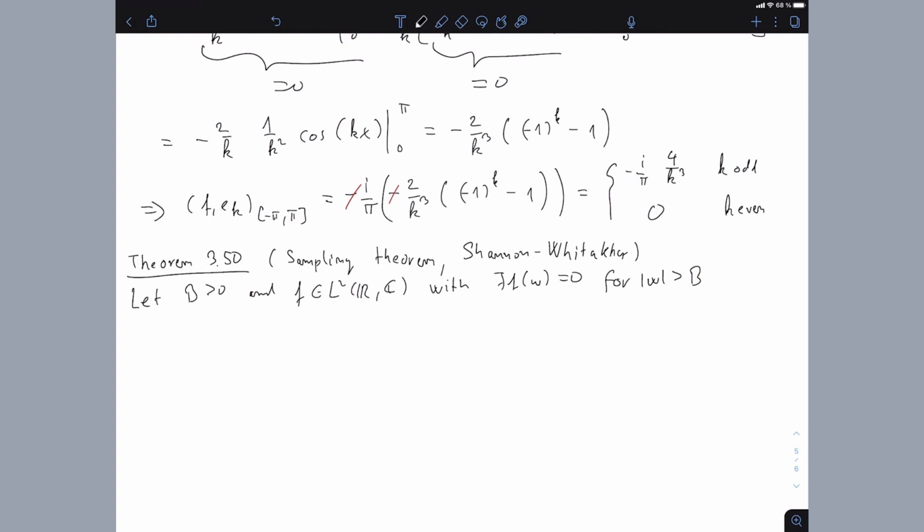So we look at the function where the Fourier transform lives in a big circle. Everything outside is 0, which means there are no very high frequencies, and b is the bound.